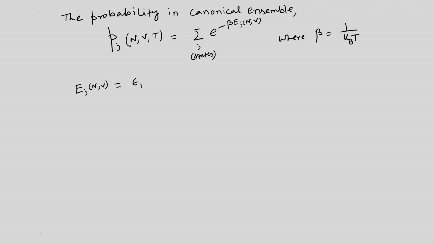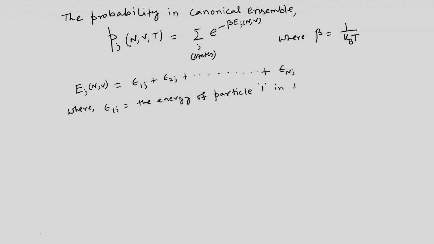is nothing but we can write epsilon 1j plus epsilon 2j like this, and we have n number of particles in our system. So, it goes up to epsilon nj, where epsilon 1j is the energy of particle 1 in the jth state.